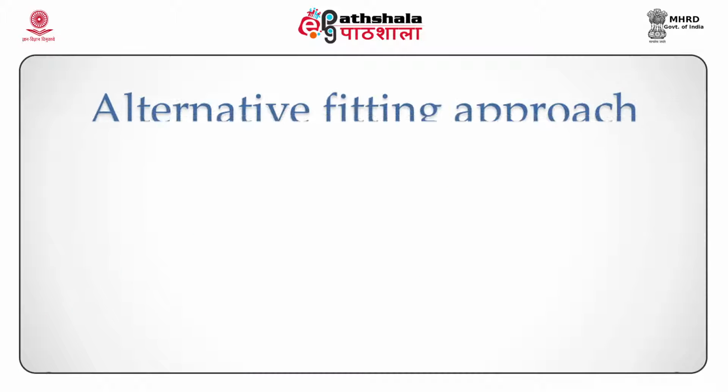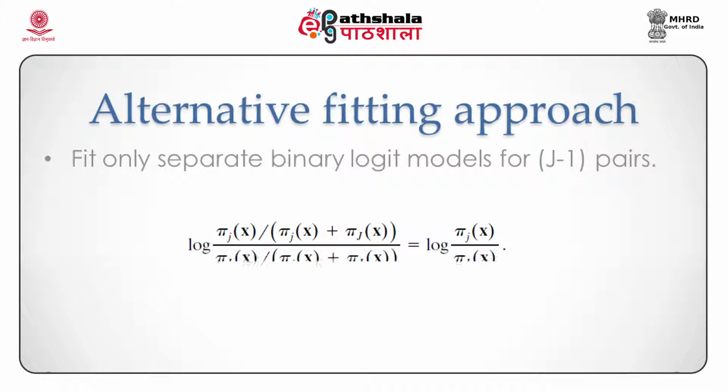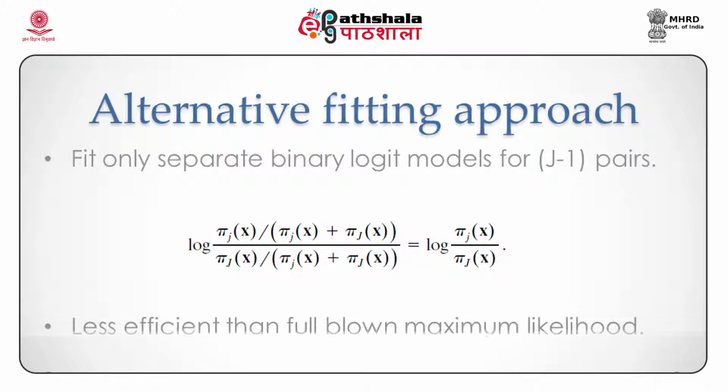Now, there is no easy way to extract the beta_j's from this function, and thus any maximization has to be numerical and iterative.